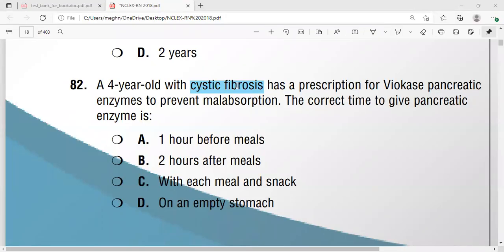So cystic fibrosis is a genetic disorder in which the lungs and the digestive system get involved, right? Basically, they get full of mucus.